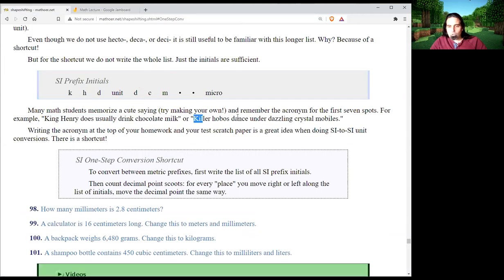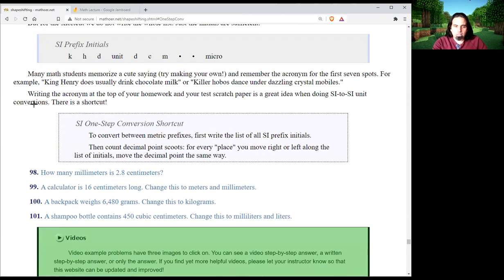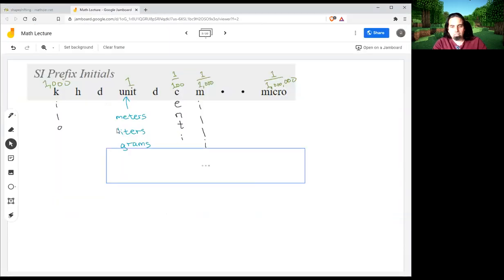I like killer hobos dance under dazzling crystal mobiles, because you can put the others in either order and mess yourself up, but this one you can't mess up. So we have a nice shortcut, and this is why the rest of the world thinks America is silly for not switching to the metric system.